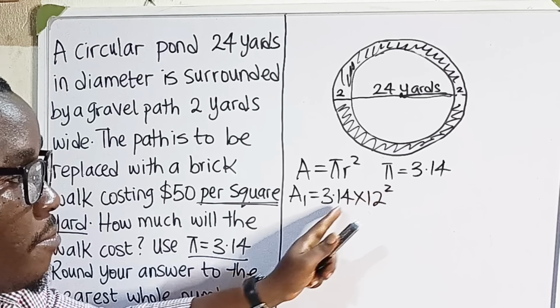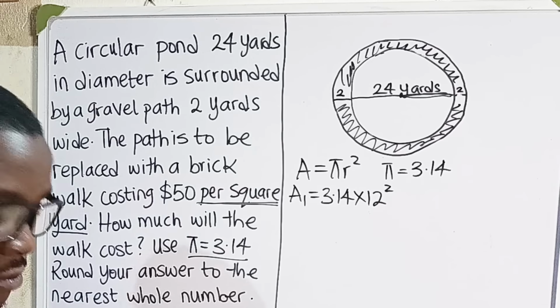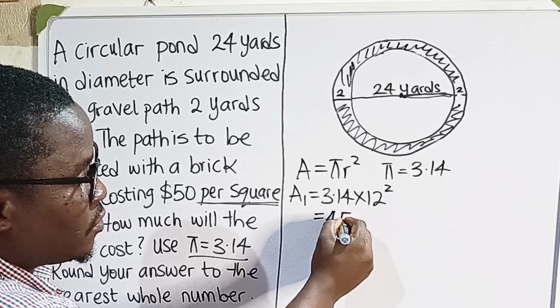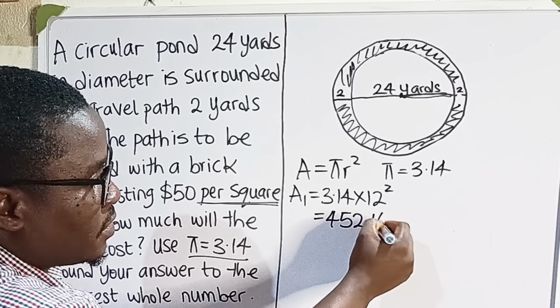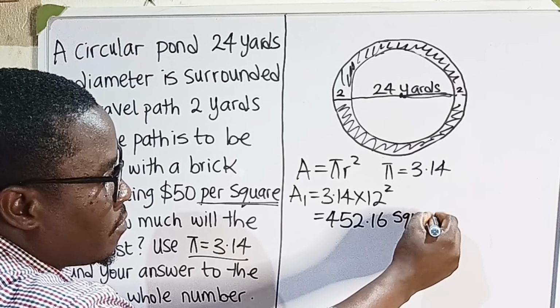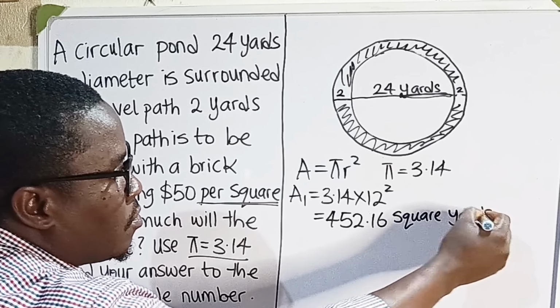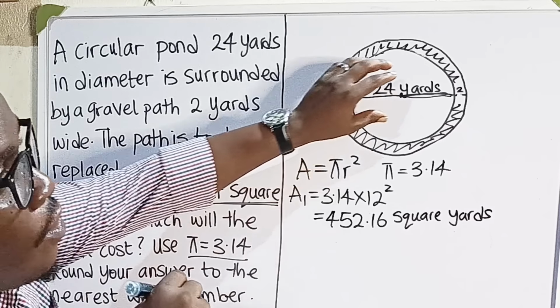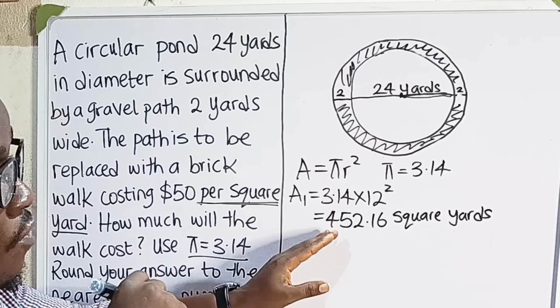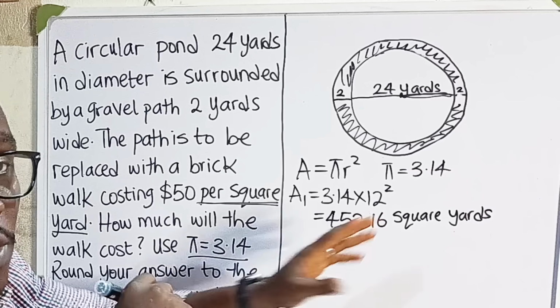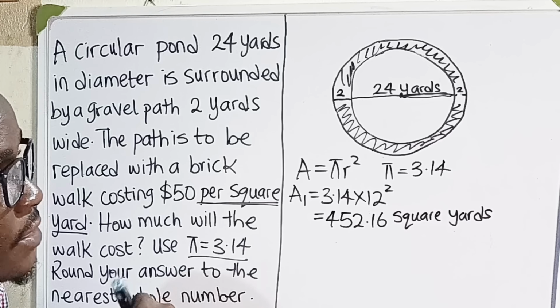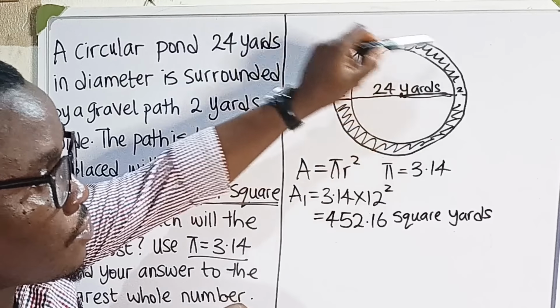So 12 squared multiplied by 3.14. That will give us 452.16 square yards. Okay, so the area of the smaller circle is 452.16 square yards.